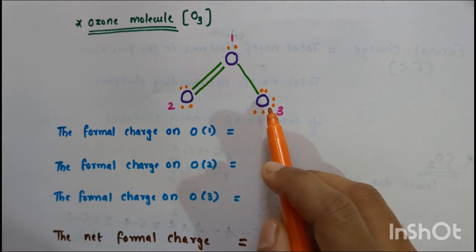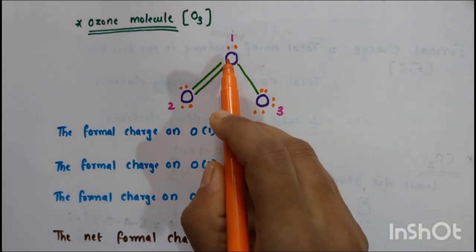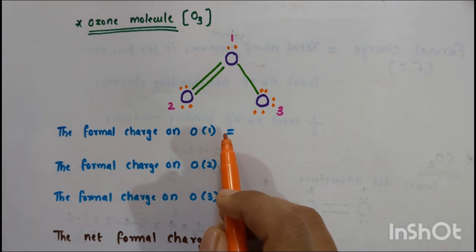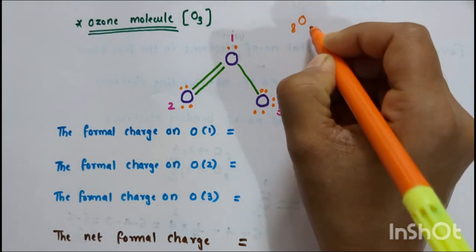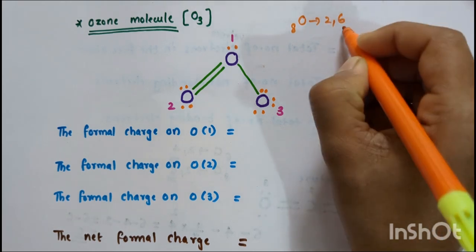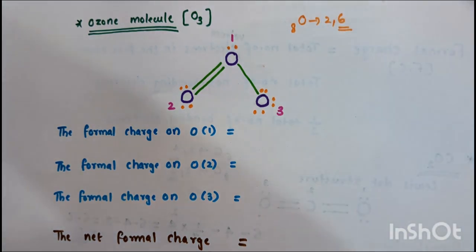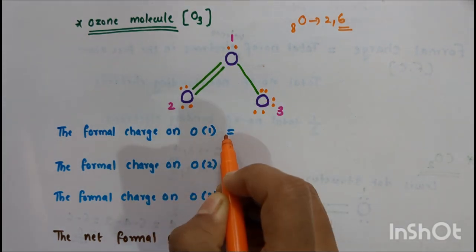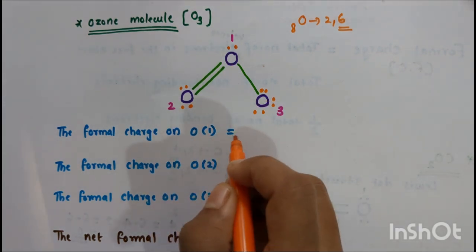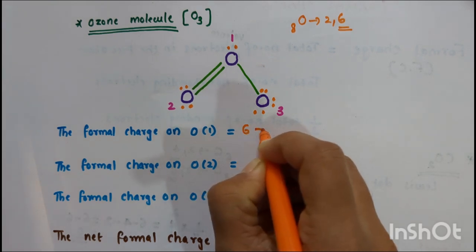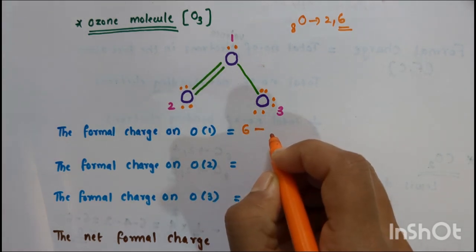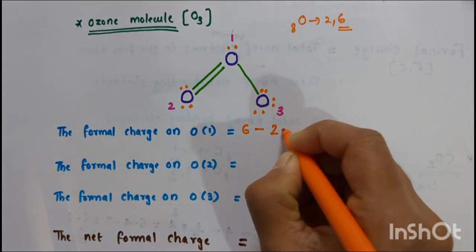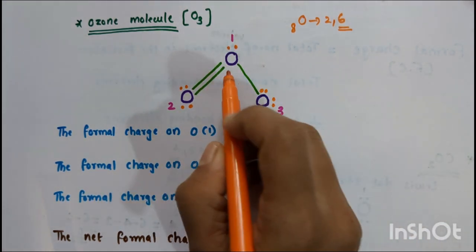Now the formal charge on the central oxygen atom numbered as 1 will be equal to what? The oxygen atomic number is 8, so the electronic configuration will be 2, 6. The number of valence electrons in the free oxygen atom is 6. So the formal charge on the central oxygen atom numbered as 1 will be equal to the number of valence electrons in the free oxygen atom, which is 6, minus the number of non-bonding electrons, that is 2, minus half the number of bonding or shared electrons.